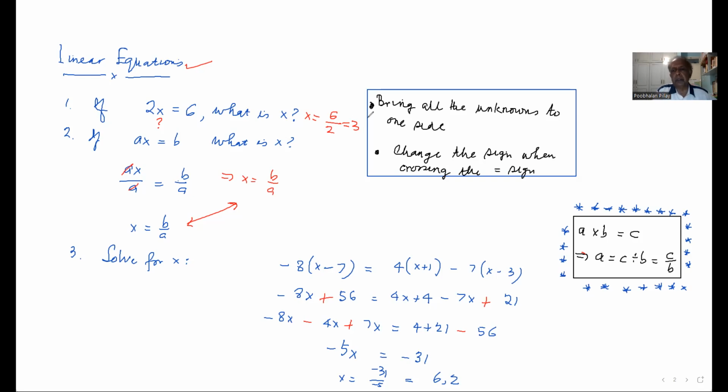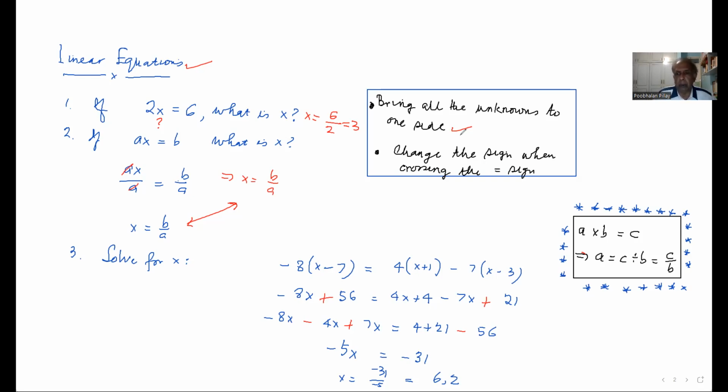Now there are two important rules in linear equations. The first rule is: bring all the unknowns to one side. So wherever you have an x or a y or z, and you're trying to find that unknown, the single unknown. In a linear equation, there's only one unknown.